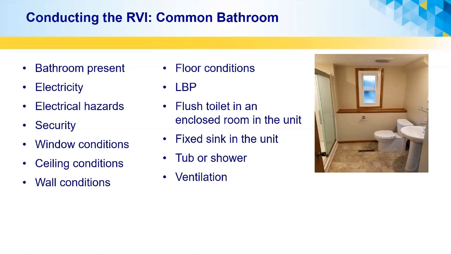We're looking at the electrical requirements, electrical hazards, security, window conditions, ceiling conditions, wall conditions, floor conditions, lead-based paint, flush toilet and enclosed room in the unit, and in this particular case, it would be in the common area, fixed sink in the common area, tub or shower, and ventilation. Again, these items are exactly the same as the items we looked at in the unit, so I'm not going to repeat the protocol. I would refer you back to the module on living rooms, kitchens, and bathrooms.